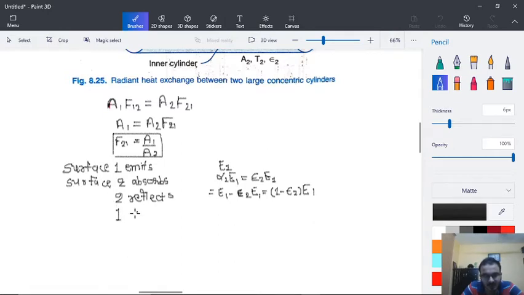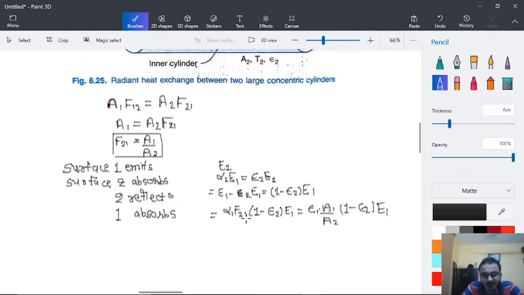So surface 1 absorbs is equal to alpha 1 F21 into 1 minus epsilon 2 E1, which is equal to, we can write down epsilon 1 into A1 divided by A2 into 1 minus epsilon 2 E1.